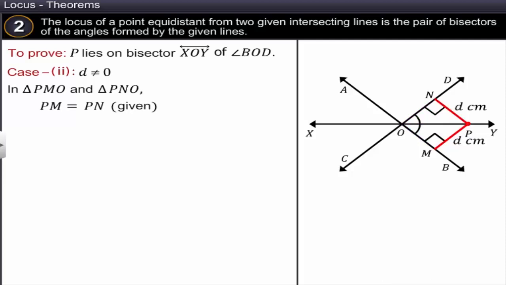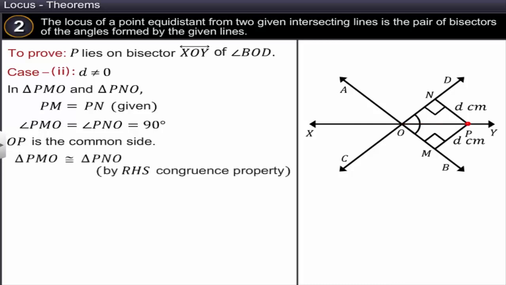We are also given that angle PMO is equal to angle PNO is equal to 90 degrees. Here OP is the common side of triangle PMO and PNO. Therefore, by the right-angle-hypotenuse-side congruency property, triangle PMO is congruent to triangle PNO.